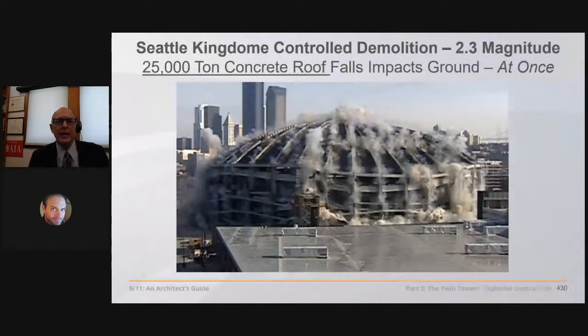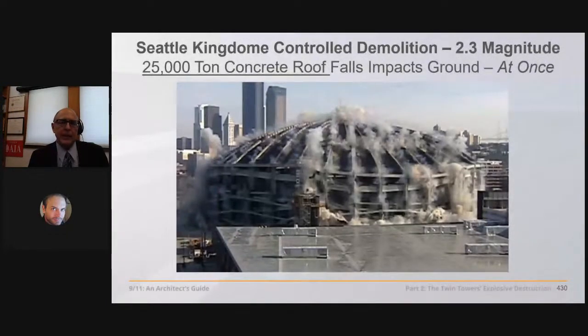Some say, oh, the Seattle Kingdome had a 2.3 magnitude. The towers should have been much greater magnitude. Well, the Seattle Kingdome has a 25,000 ton concrete roof that impacts the ground virtually at once.